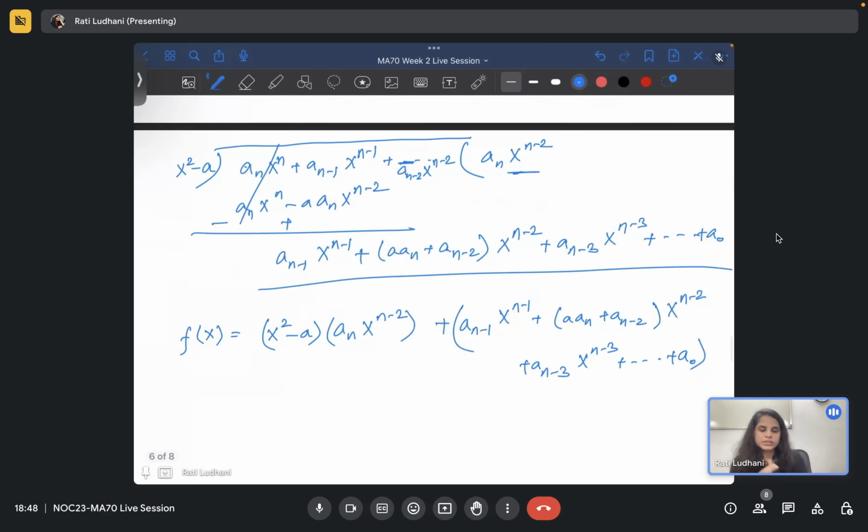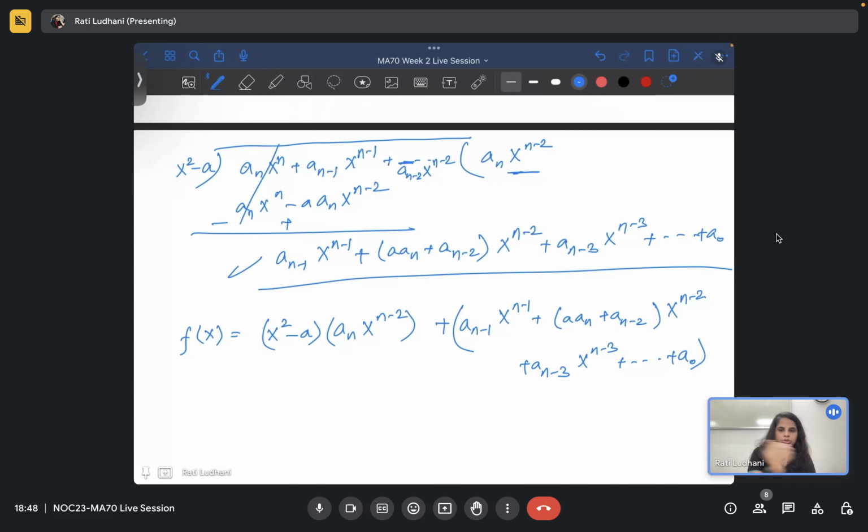So what I did is I divided f(x) by x square minus a, just one step. I'm not saying I'm writing it in terms of degrees less than something, but we can do this step at least once.